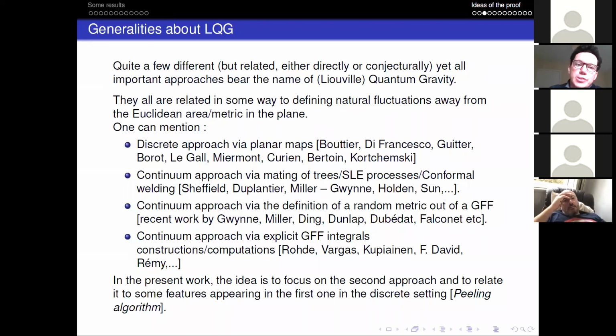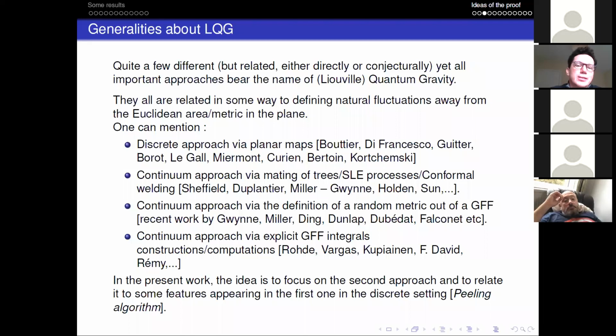You have the continuous approach by mating of trees and SLE processes and conformal weldings that has been initiated by Scott Sheffield, and then you had all these very important developments with Duplantier and Miller, and then further work by people like Ewain Gwynne, Lina Holden, or Xin Sun.